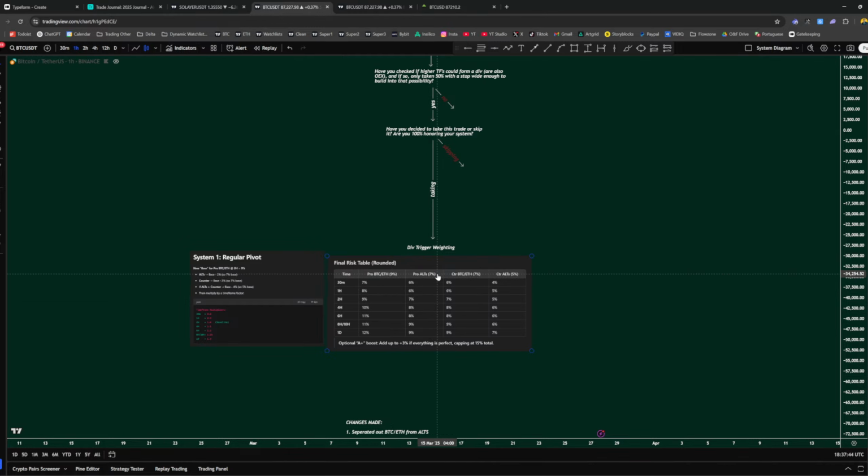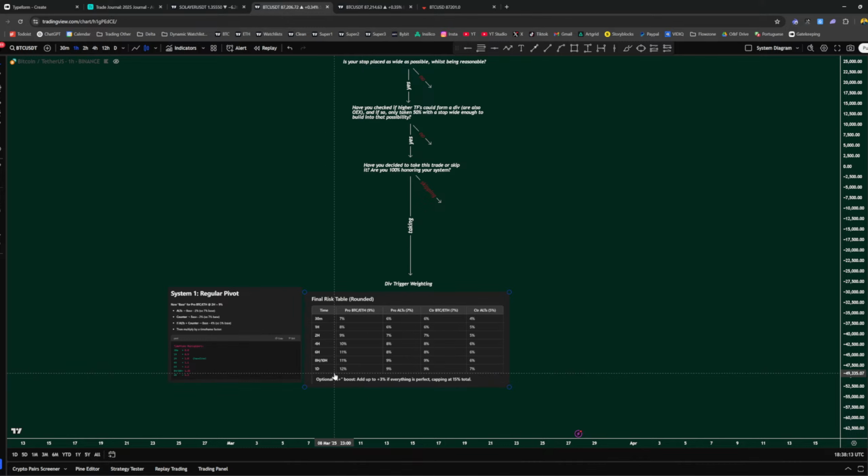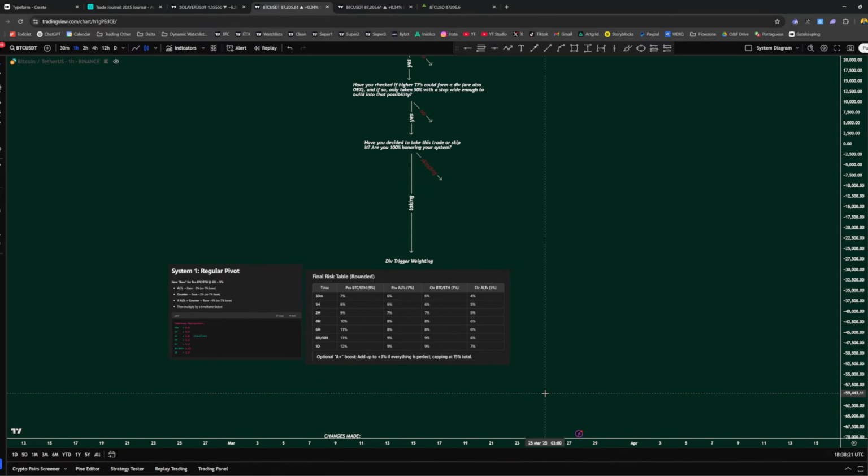The percentages next to them are basically baseline figures, that I think here crop up on the 2 hour, and then there's just standard deviations of that, the downside to the upside, and you can see that it goes up to 12% risk per trade if I'm taking a pro trend BTC or ETH position on the daily time frame, with everything, all the gates checked, right? Then I can scope up to 12% or even 15% here. A plus boost, add up to 3%, everything is perfect, capping at 15% total.